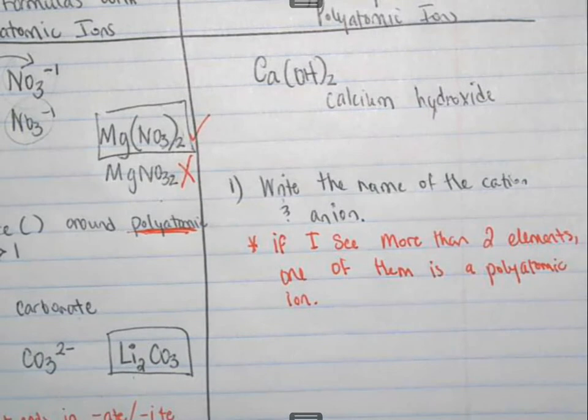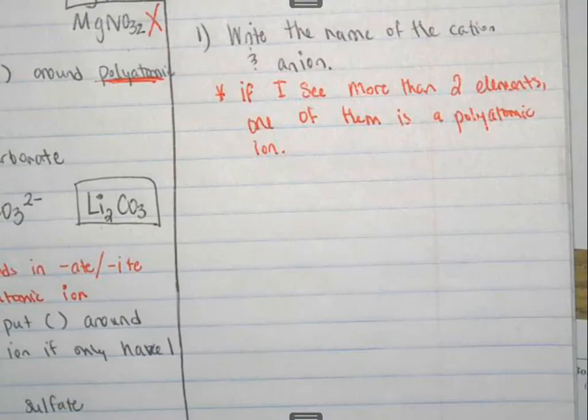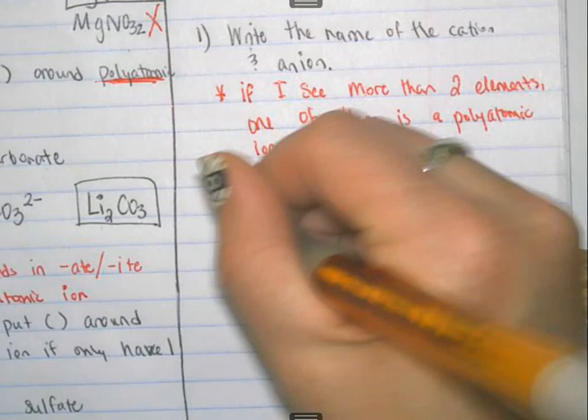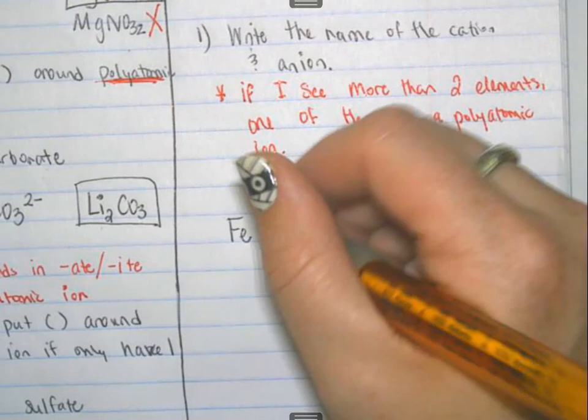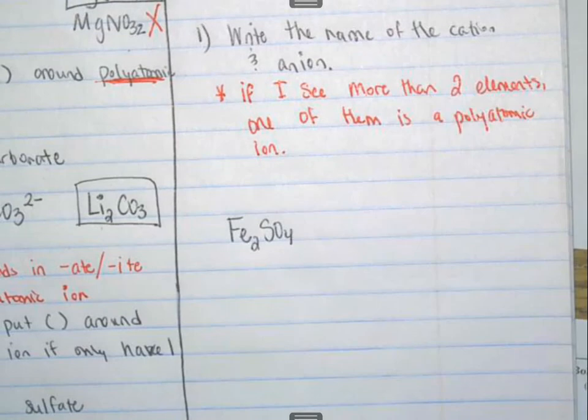Let's do another example. What if I have this formula, Fe2SO4? Same rules apply that I have already learned. So I need to name the cation and I need to name the anion. I see three things, right?